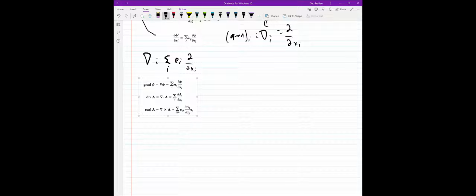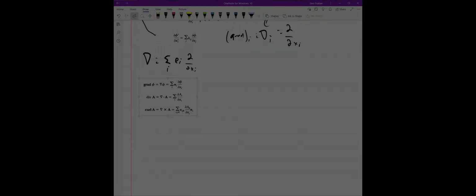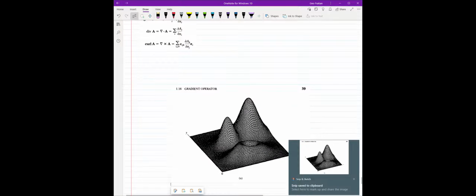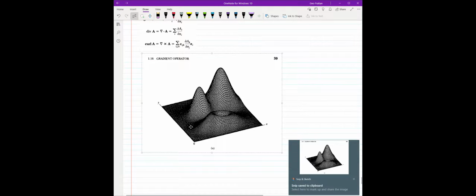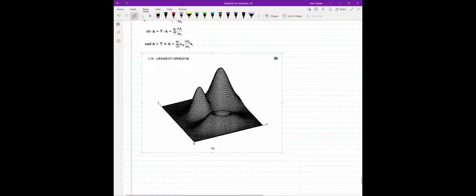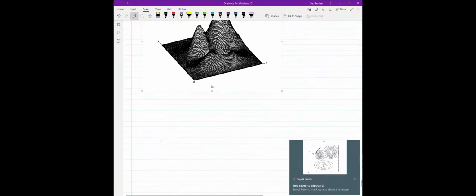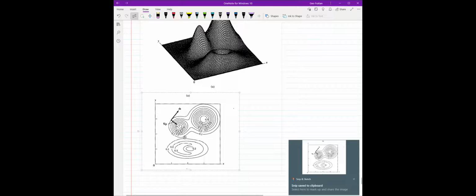Okay, so if we want to really know what the gradient of a scalar function is, we can look at this right here. We have some vector field, which is represented in a map like this. We can see how phi actually works via a contour map, gradient of phi, sorry.